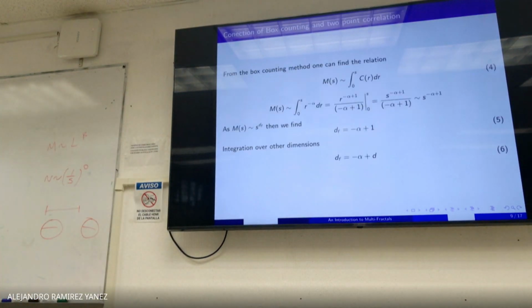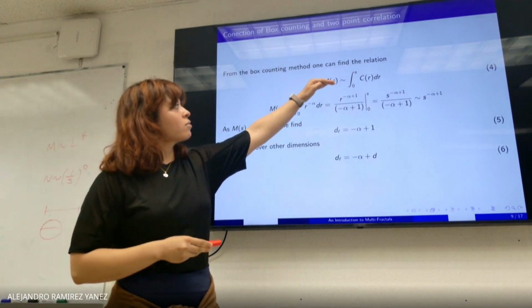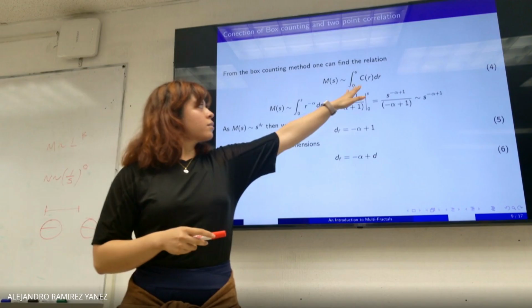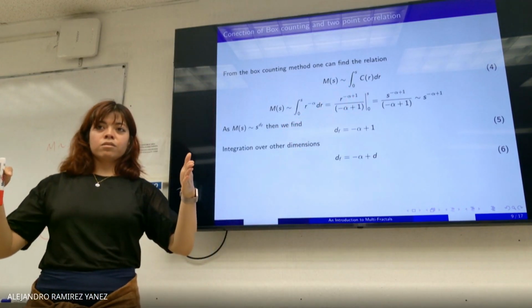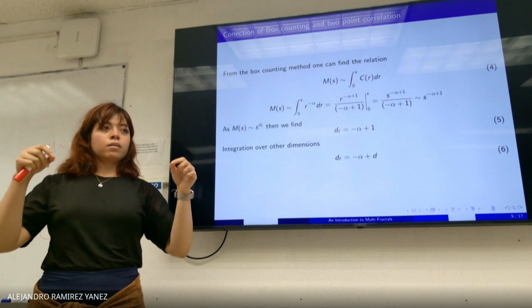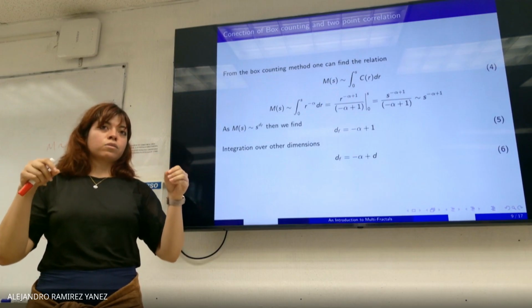Now, one can relate this exponent alpha with the box-counting method, but the relation is only true when you have a monofractal. So what this integral says is you have a box, and then you sum the probabilities of having particles that are at a distance smaller than this box.